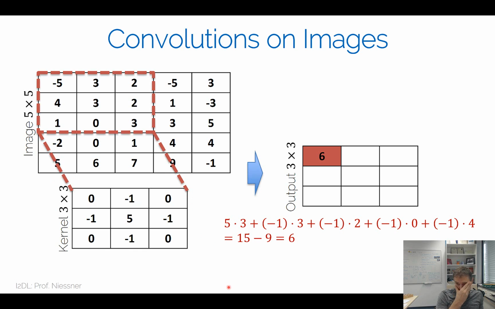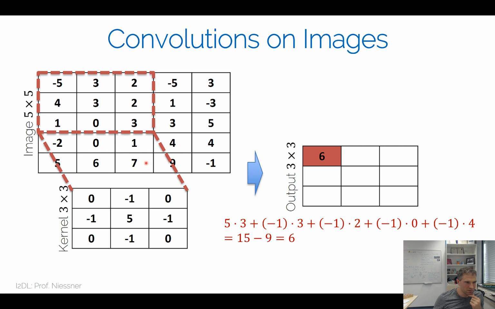So what do we do? Well, we just do the same thing we had been doing before. We take a dot product between all of these values and this value. So in this case, we have -5, something is wrong here. I'm not sure where this value comes from. I don't see a 5 here.